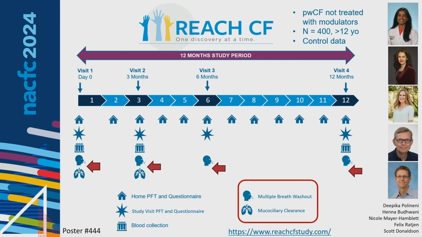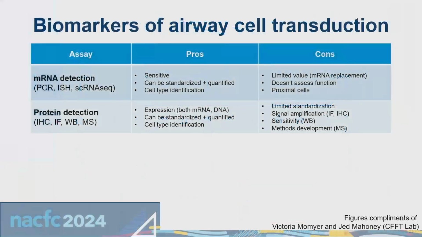So obviously not everybody's going to be able to do this, but hopefully this will generate some of that important background data in the study population that we think is relevant for the development of these nucleic acid-based therapies and other related therapies.